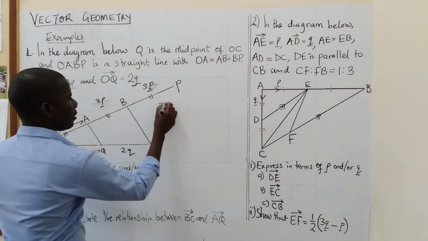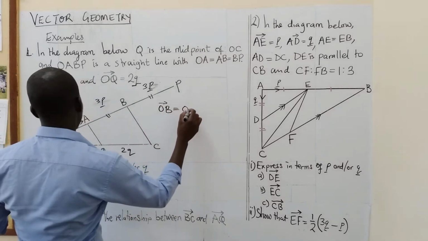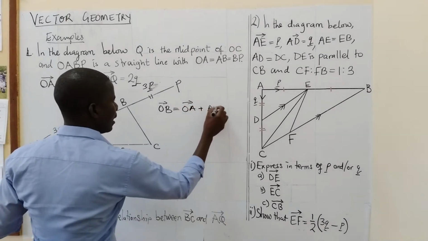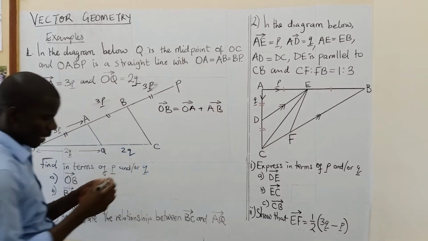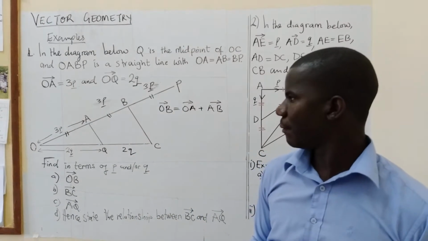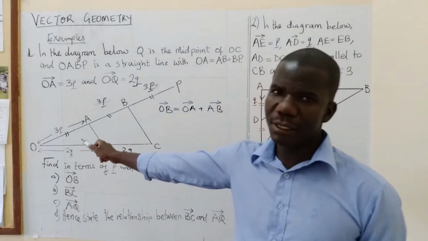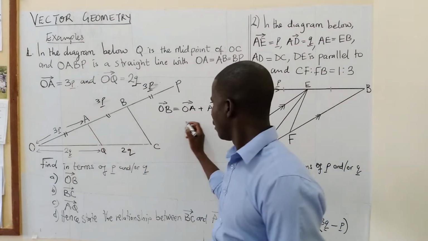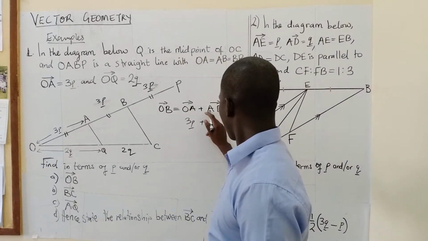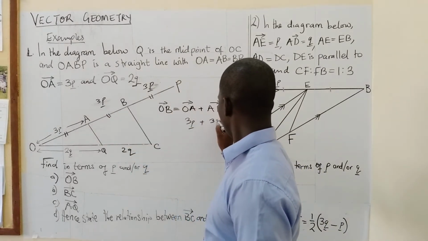Now, we want to find OB. So OB is going to be OA plus AB. You can see from the diagram that our OA is 3P, plus our AB, which we are told is also 3P.